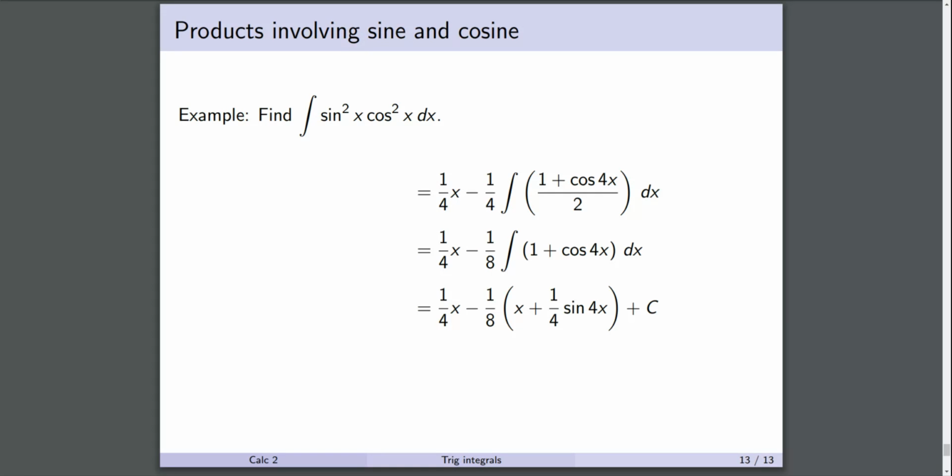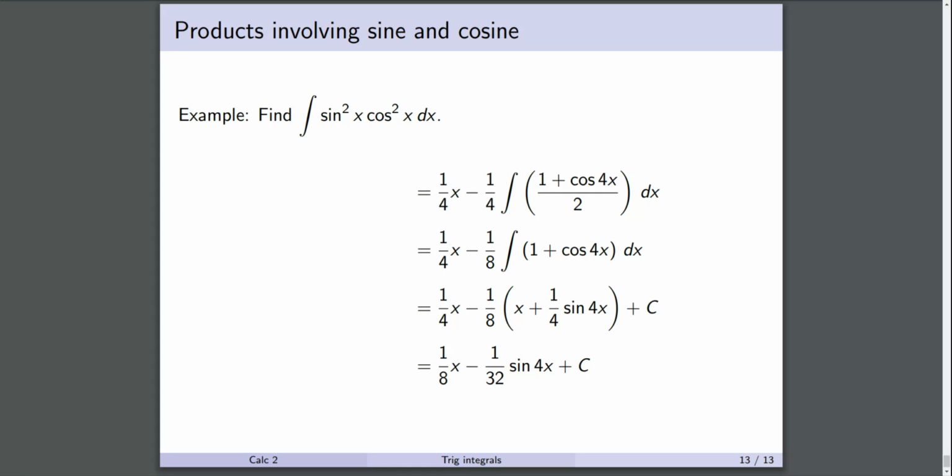When I integrate it, I get the following result, and I finished off this problem by doing some algebra and combining like terms and multiplying my factors. So our final answer to this problem is 1/8 x minus 1/32 times sine of 4x plus c.